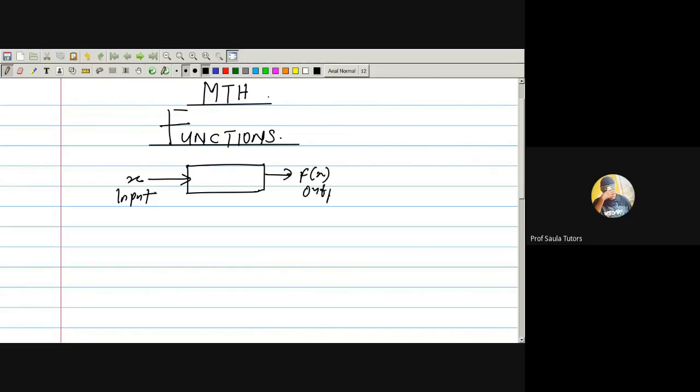For example, if I have a function which is stated as square root of x minus 2, if I input 4, the machine will process it as square root of 4 minus 2, and that's 2 minus 2, and the output will be 0. This is what we call function. Just observe it as a machine, whereby the input determines what the output will be.